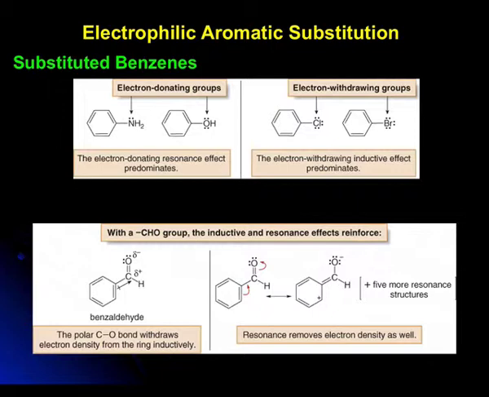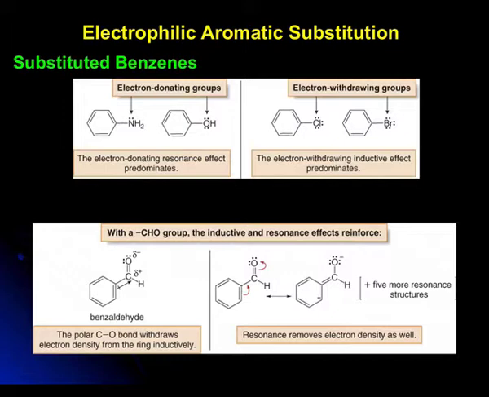Now, we all know that oxygen and nitrogen are electronegative, and inductively they're withdrawing electrons from the ring. You said electron donating effect. That will give you the 2, 4, 6? Yep. But oxygen and nitrogen that are bound directly to the aromatic ring, those lone pairs are in resonance with the aromatic ring, so they donate electrons to the aromatic ring.